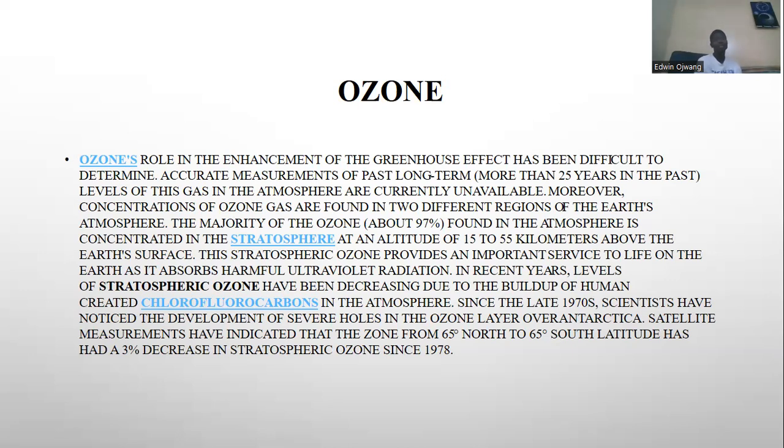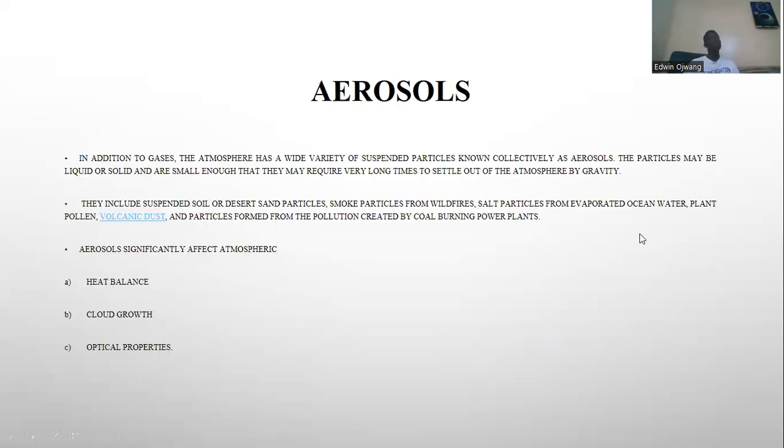Satellite measurements have indicated that the zone from 65 degrees north to 65 degrees south latitude has had a 3% decrease in stratospheric ozone since 1978.